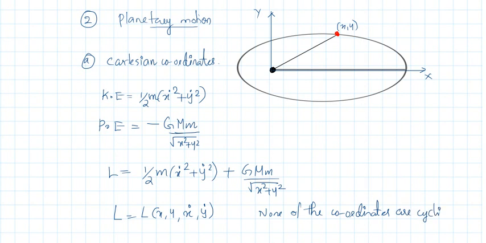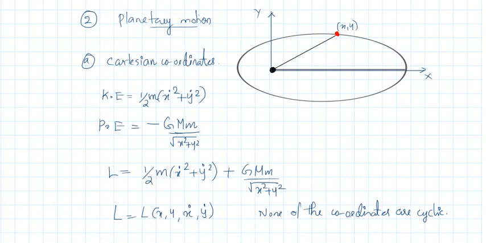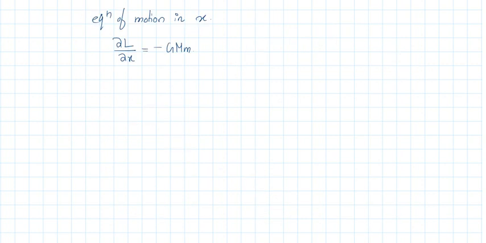Now let us find the equation of motion in x. What is the equation of motion in x? We have to find dou L by dou x. It is minus GM into the derivative of 1 by root of x square plus y square, which I can write as x square plus y square all raised to minus half.